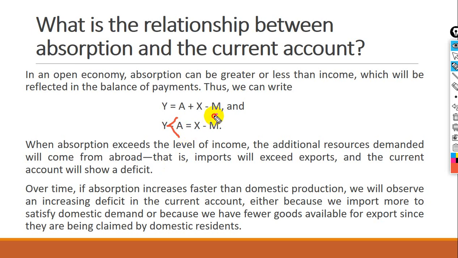As a result, M must exceed X and vice versa. In this case, as A exceeds Y, this means that demand for domestic products exceeds domestic production. So we are going to witness a deficit in the current account, because we are going to import more or export less.